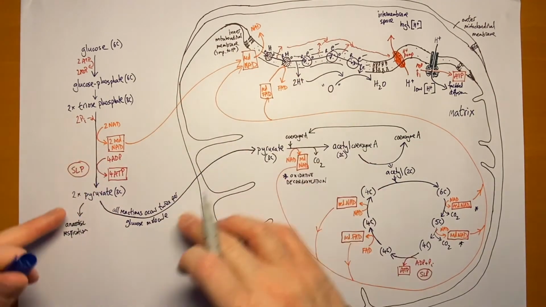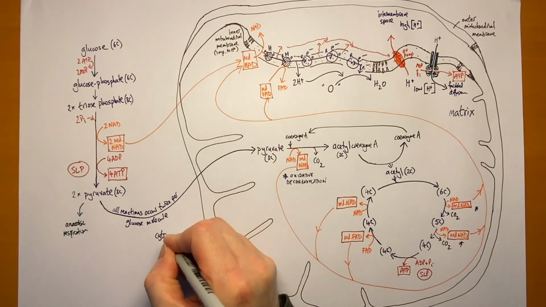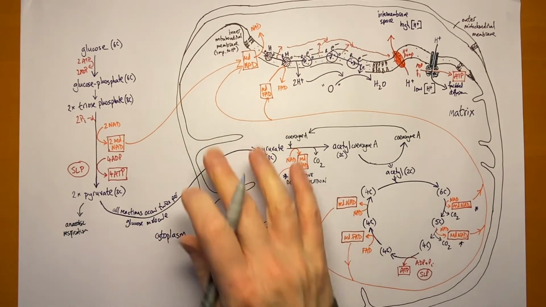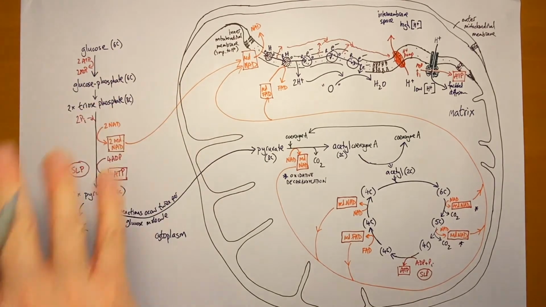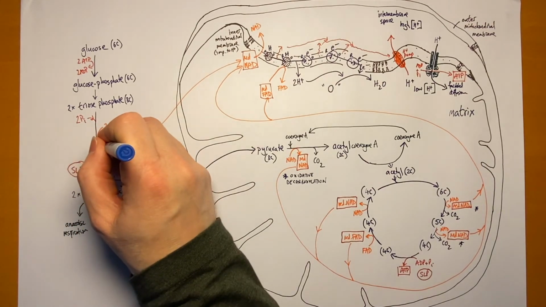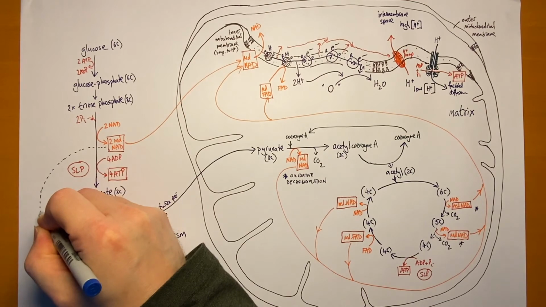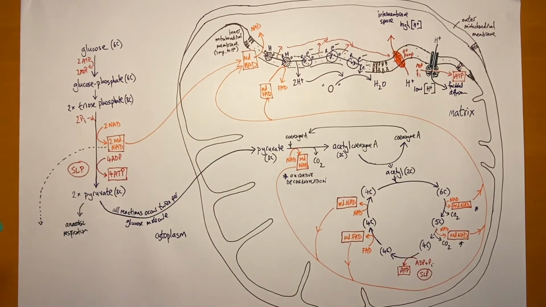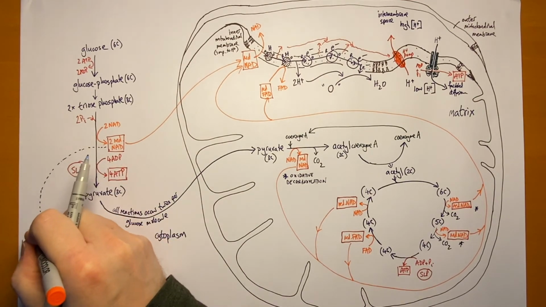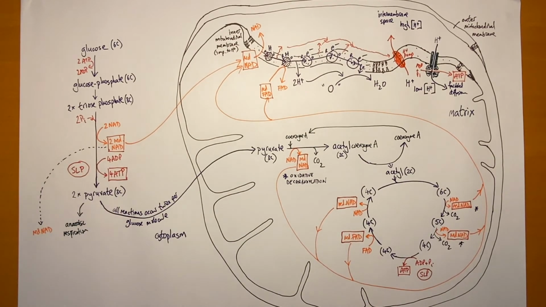So all this here is cytoplasm. That's the mitochondrion, this is the cytoplasm. Now, here is reduced NAD.